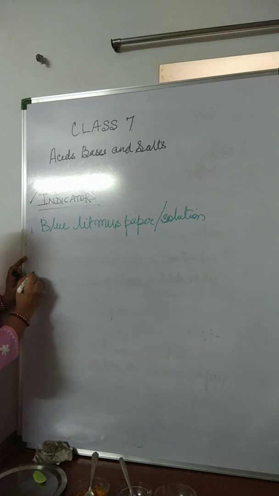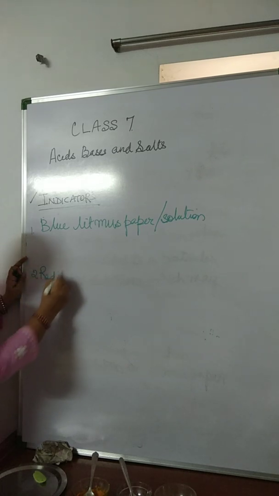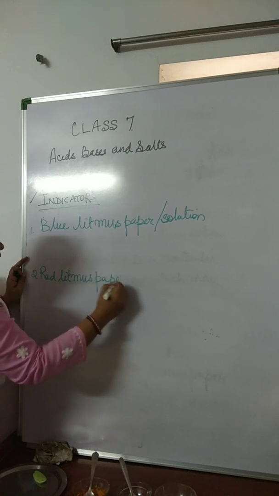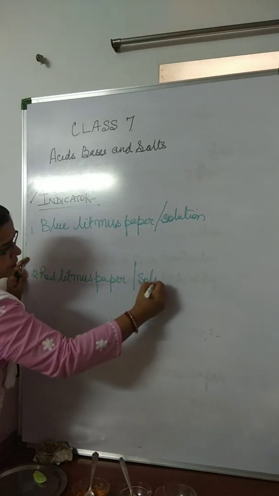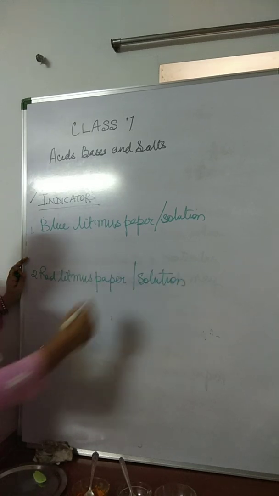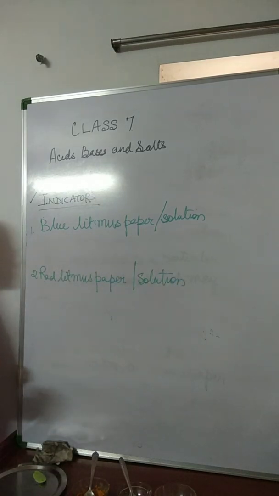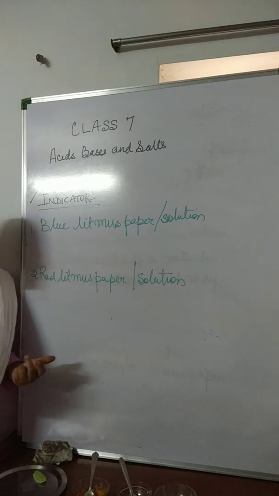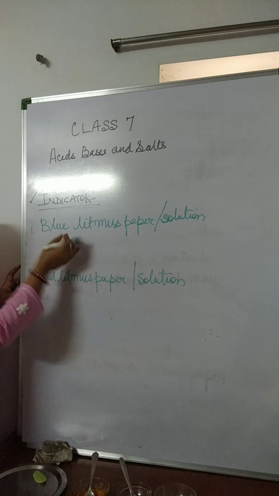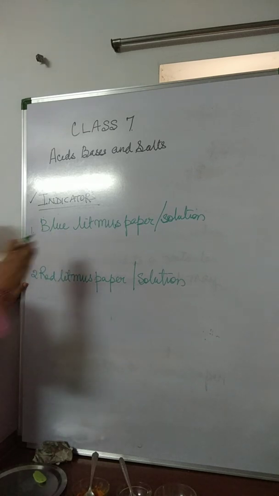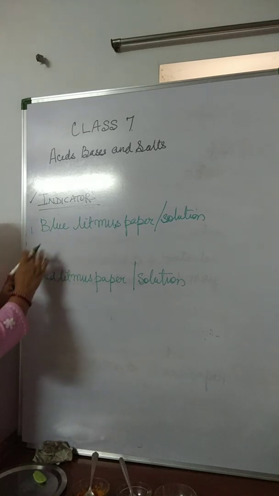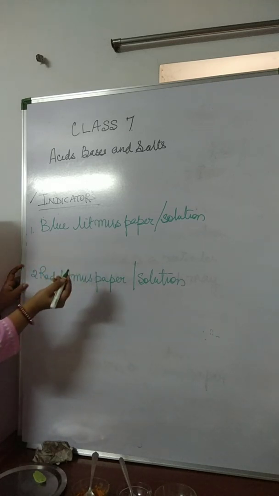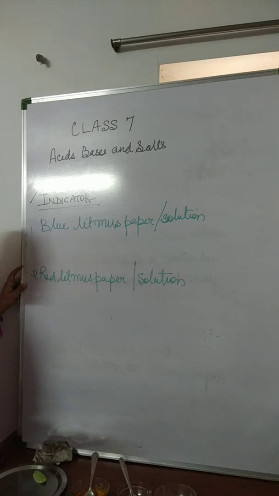Second is your red litmus paper or a solution. Now, blue litmus paper changes to red if it is added to an acid. Say we add a drop of the acid to the blue litmus paper, it changes to red. It indicates that the given substance is an acid.